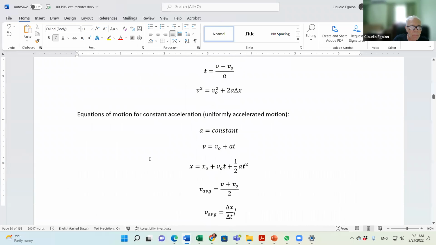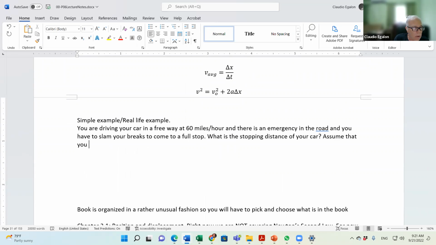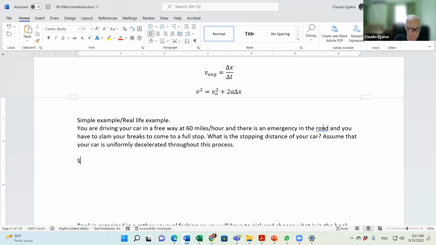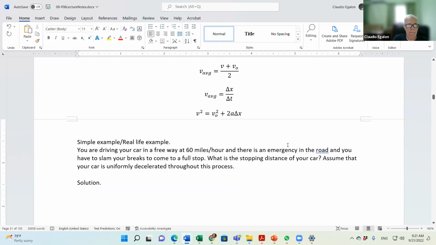Assume that your car is uniformly decelerated throughout this process. Think about that.